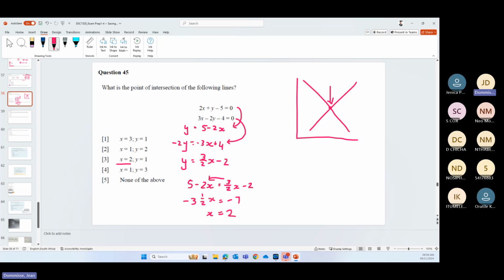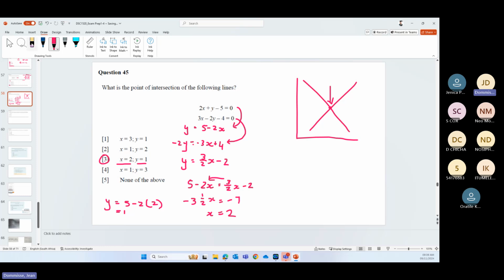So there we have at least x equal to 2. Then put it into the easiest formula: y is equal to 5 - 2 times 2, which will give us y equal to 1. Okay, so that is one way we could have done this.